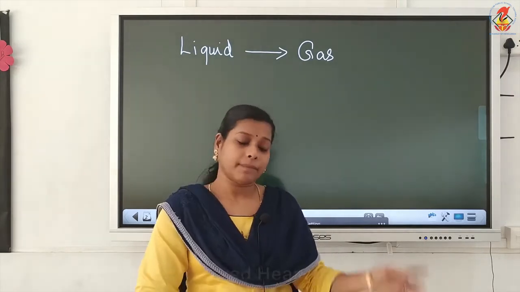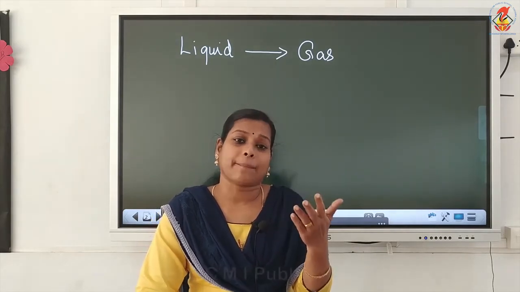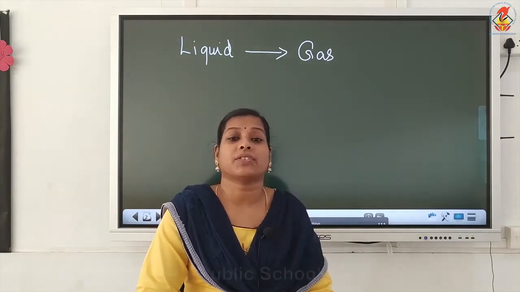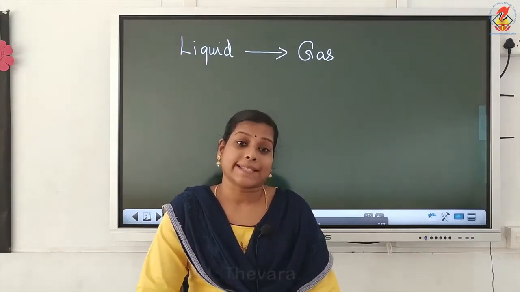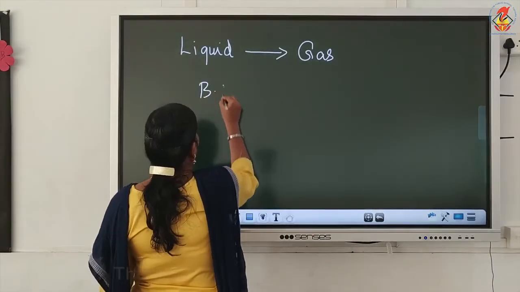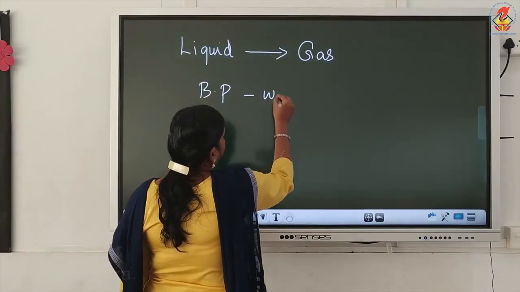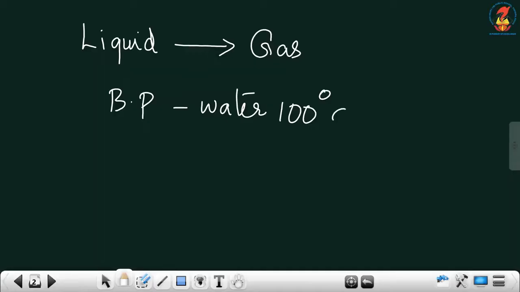Same way, if you are taking that liquid and heating it, there is a particular temperature. We know what is the boiling point of water. Yes, it is 100 degrees Celsius. So, if you are heating the water to 100 degrees Celsius, then only the water will convert into water vapor.